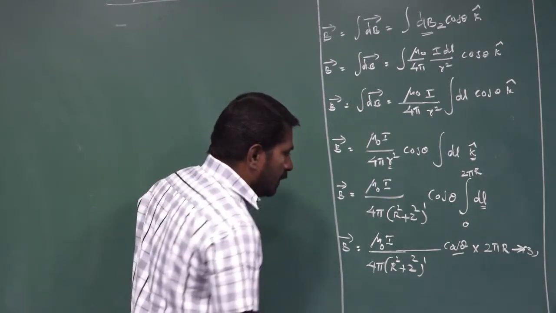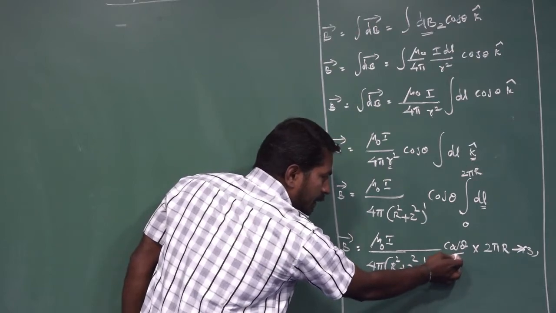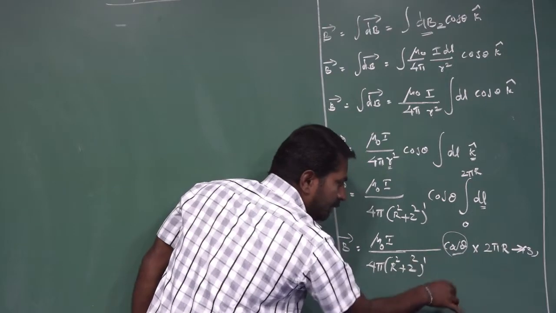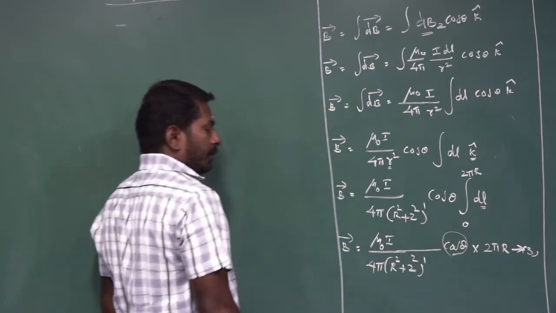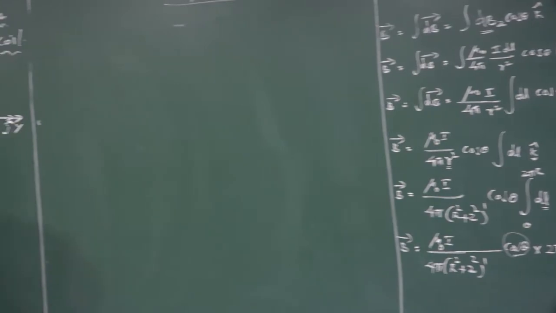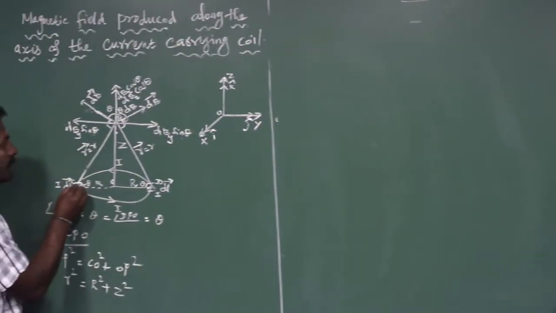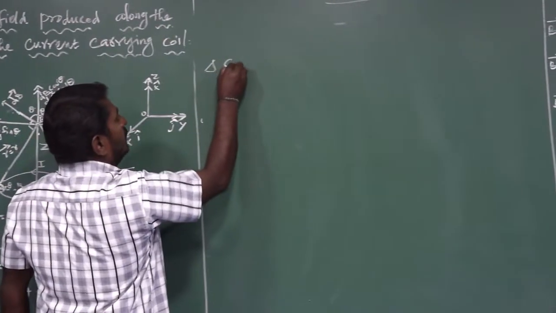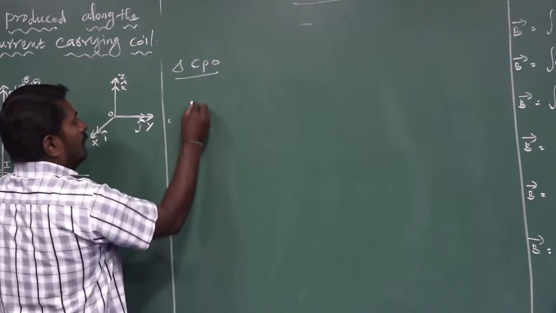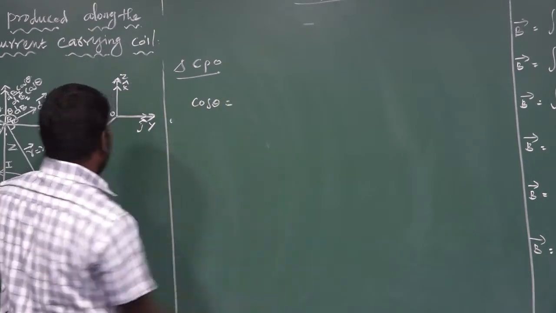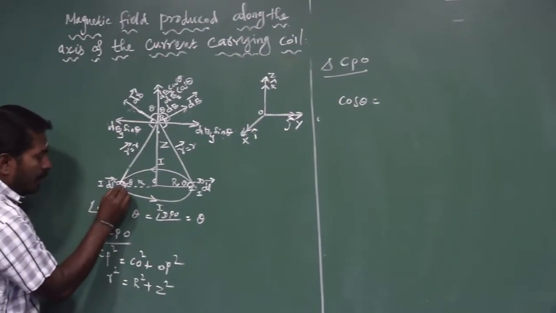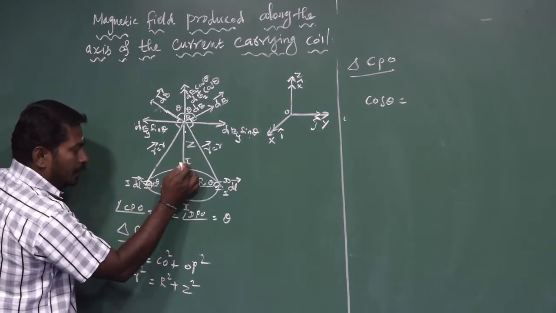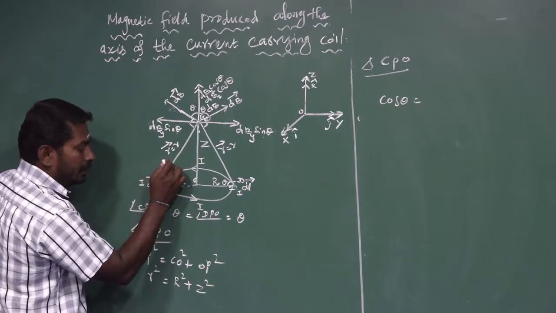So dear students, now in this equation, see one of the terms, cos theta. Our aim is to calculate cos theta. Come to this diagram, in the triangle CPO, cos theta is equal to the adjacent side divided by the hypotenuse; this is theta, opposite side, adjacent side, hypotenuse.